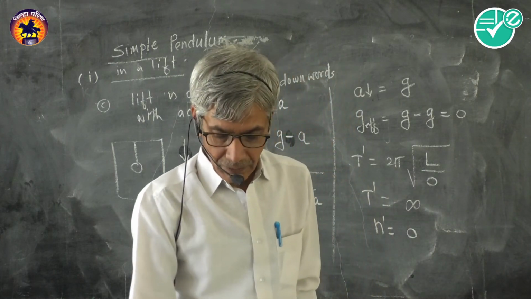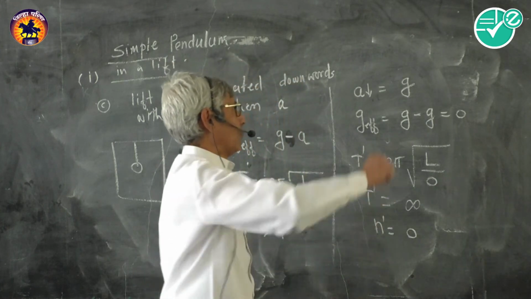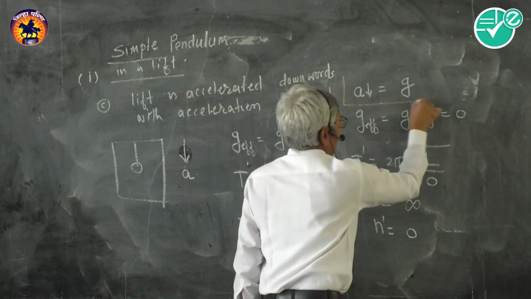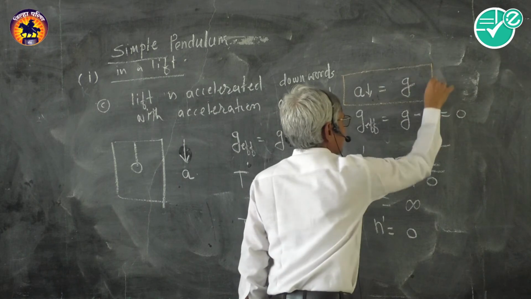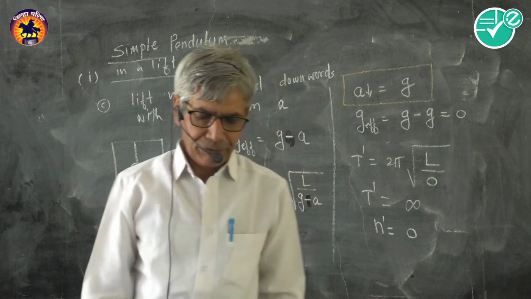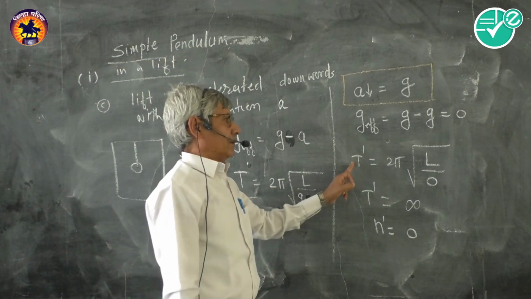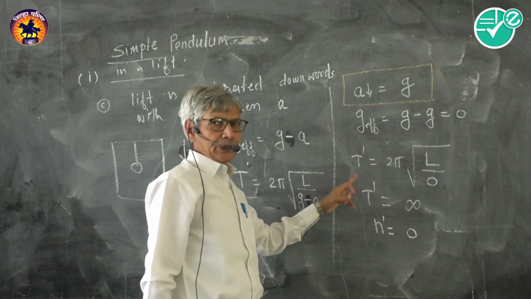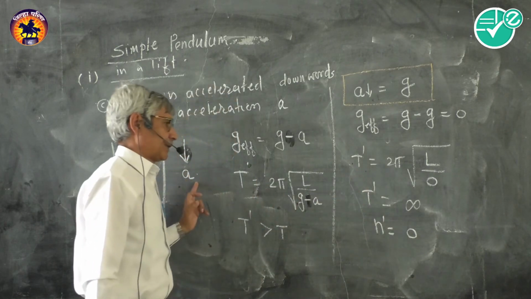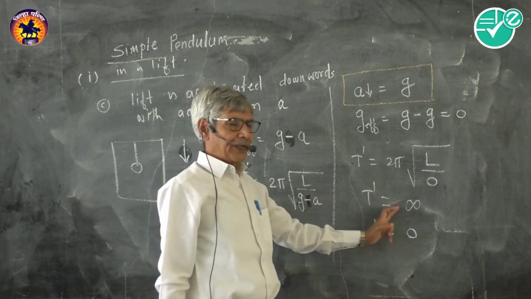So, when the lift starts moving downward with acceleration equal to acceleration due to gravity at the given place, then the period of oscillation of the simple pendulum in such a lift will be infinite.